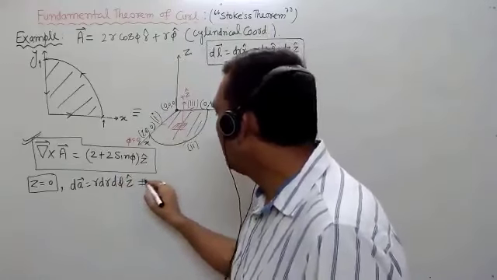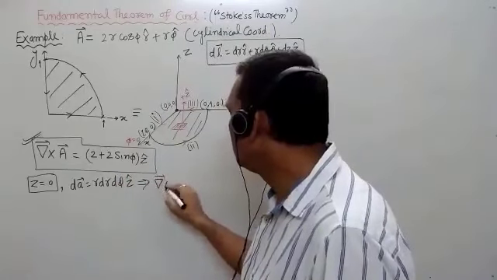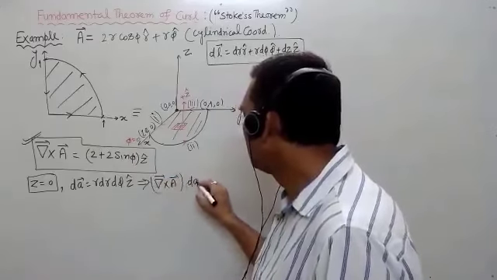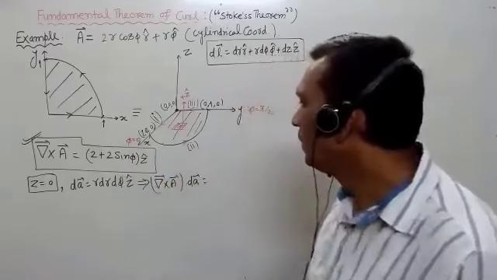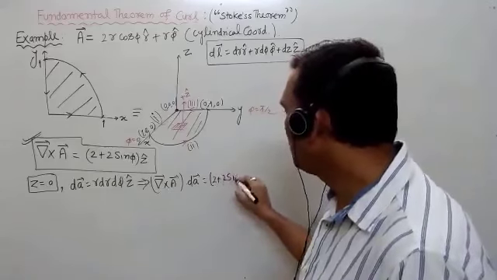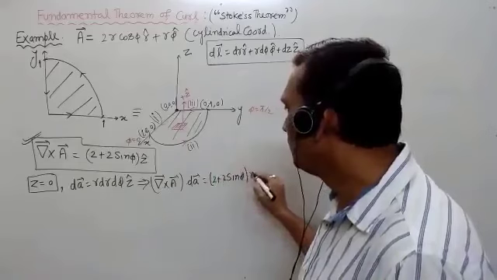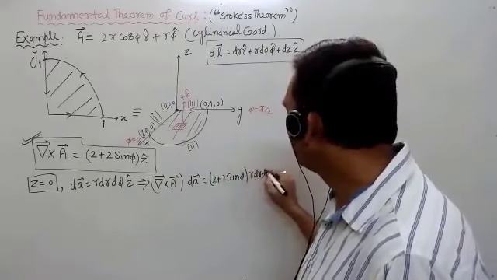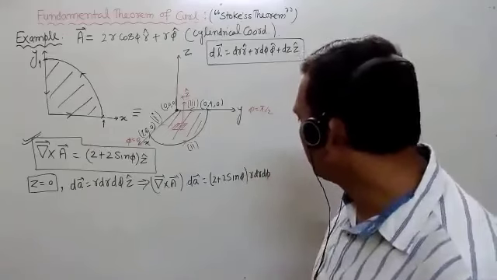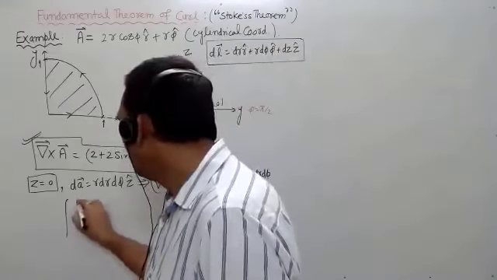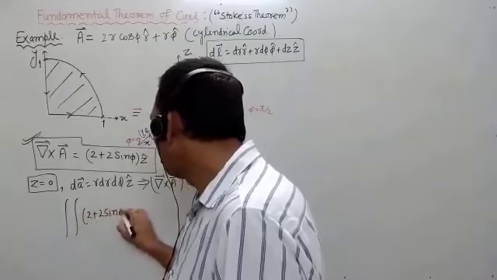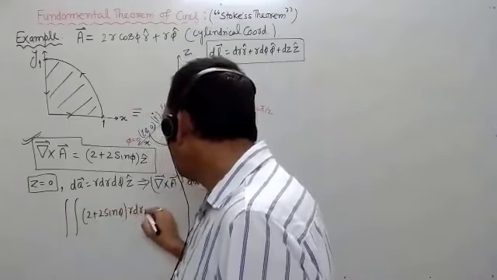So what will be curl, del cross A dot dA? This will be (2 plus 2 sine phi) r dr d phi. Now you have to integrate this: the integral of (2 plus 2 sine phi) r dr d phi.